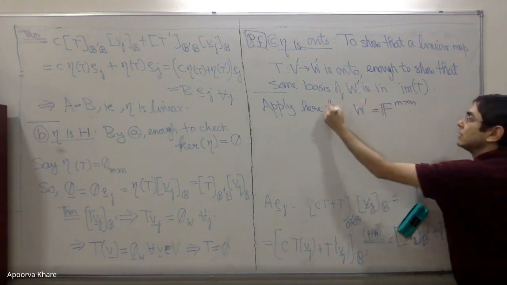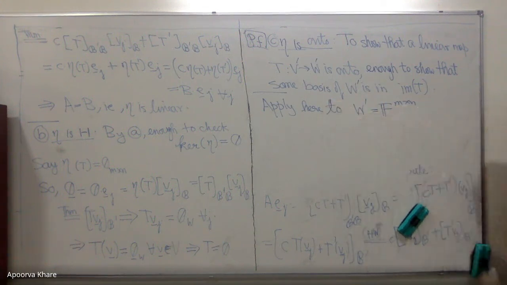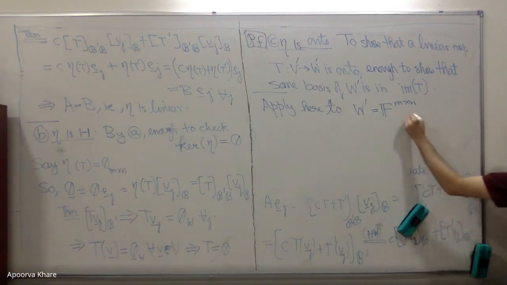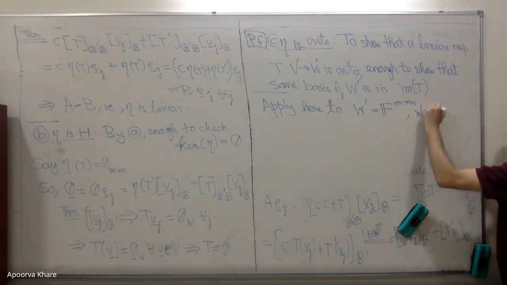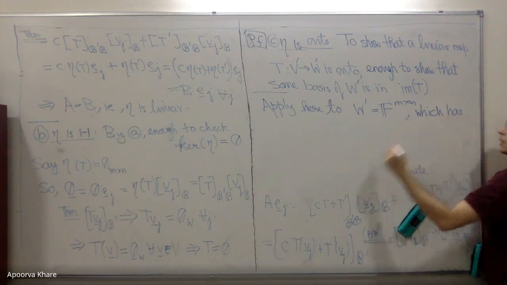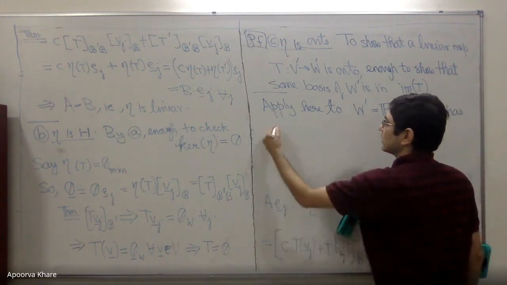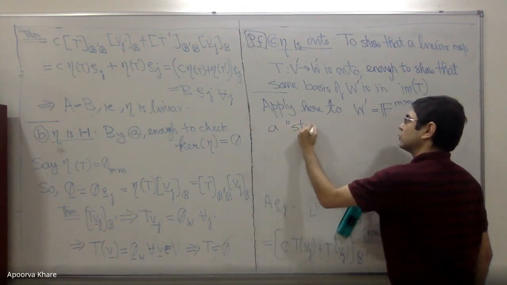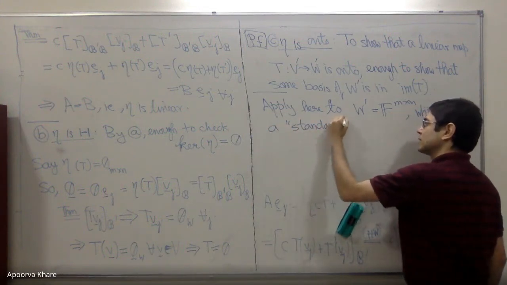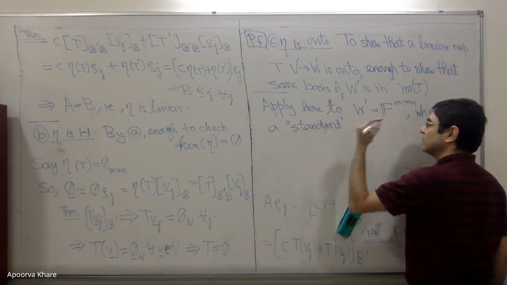V prime is Lin(V, W), W prime is F to the m cross n, which has a basis of the elementary matrices, right? E_ij's. A standard basis. I'll put it in quotes because we are used to seeing the standard basis only for F to the n, but yeah.